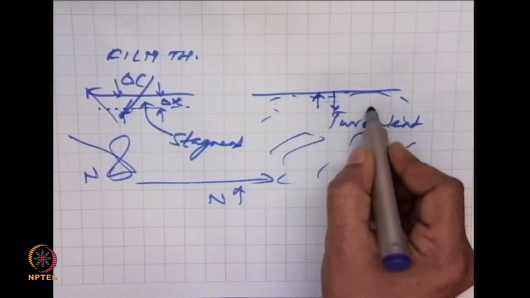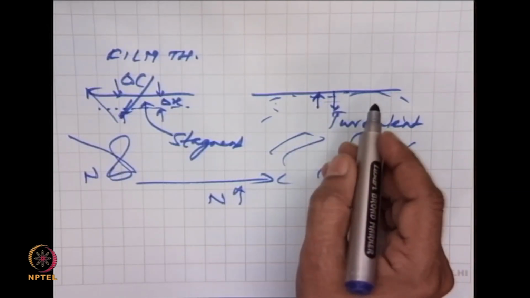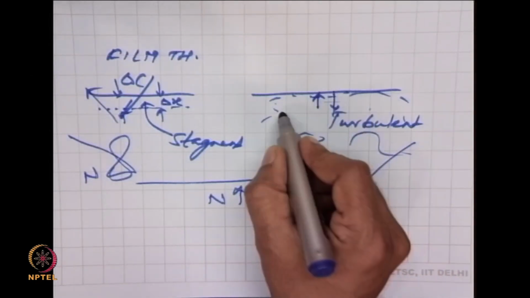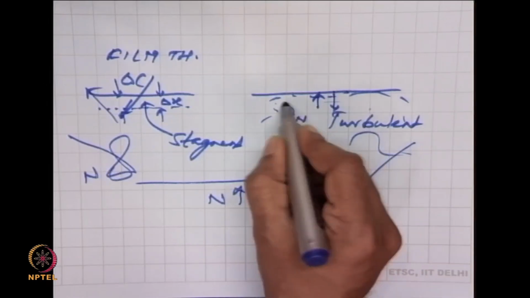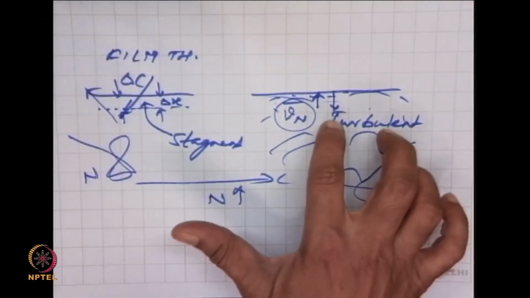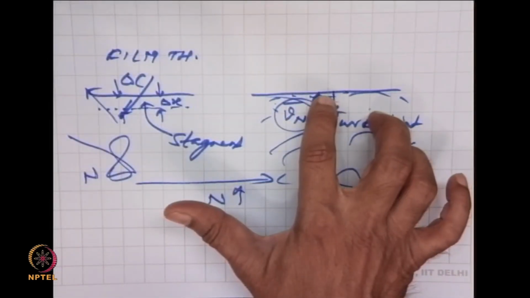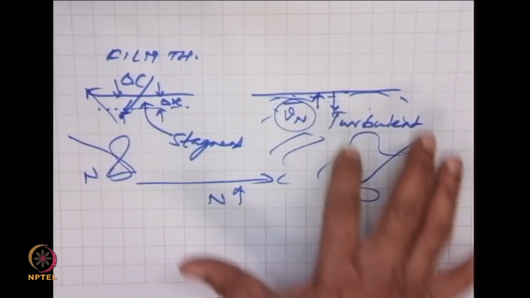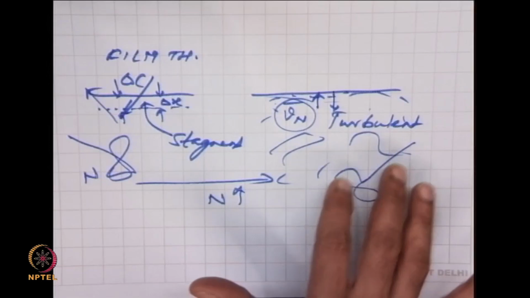If that is the case, we might on the average define some average perpendicular velocity to the interface in the liquid, let us call it Vn bar. This will be the velocity of the liquid which is reaching the interface, and then because the volume of the liquid is conserved, it will be returning back to the liquid, right.